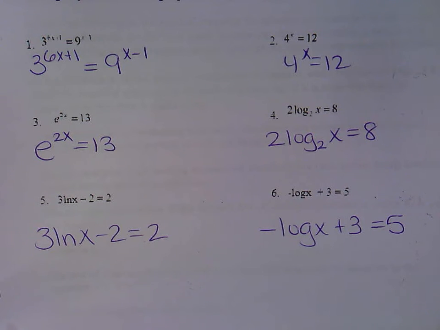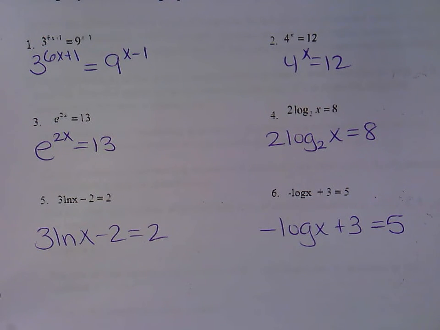Because we only care about the 6x plus 1 and x minus 1, we need to get that exponent up here. We need to get that 2 in here as well. So we need to distribute by multiplying 2x, and negative 2.